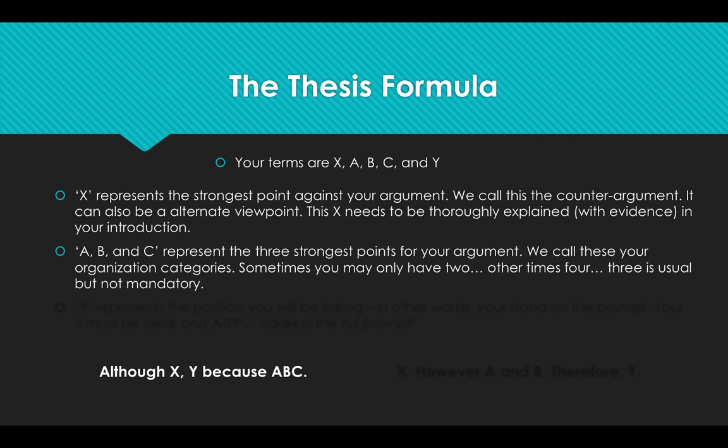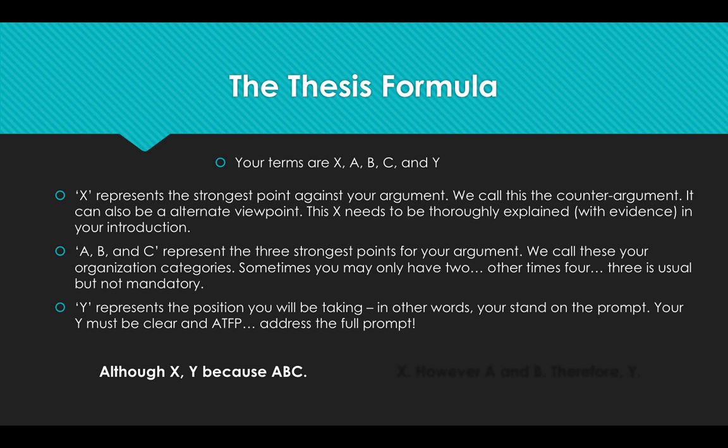A, B, C are those 3 strongest points for your argument. Those are those 3 categories you created in your pre-writing. So anytime you see A, B, and C, just think of your 3 categories. And then Y is your actual argument, your stand on the prompt. Again, remember, clear and answer the full prompt. So X: counter argument. A, B, C: 3 topics. Y: your argument.